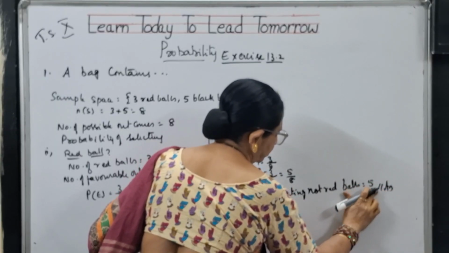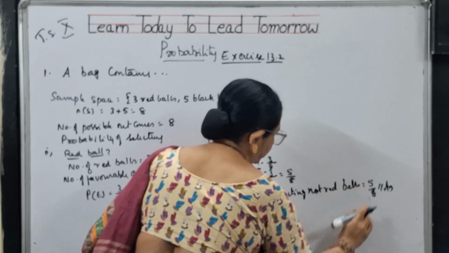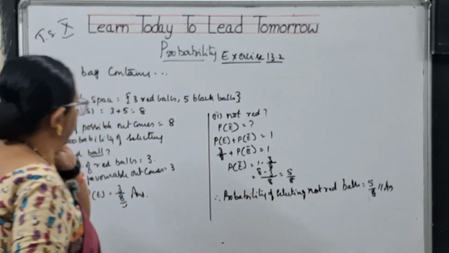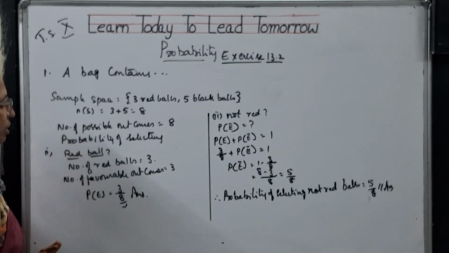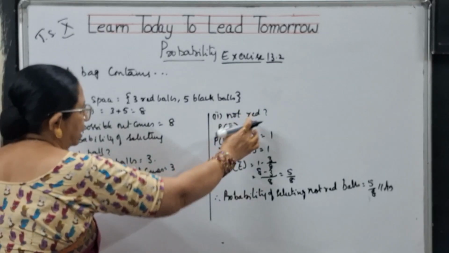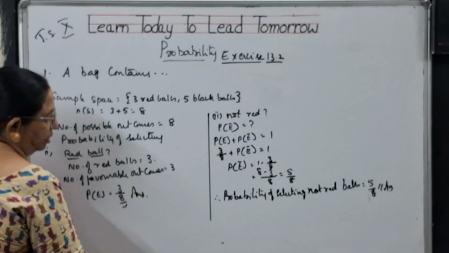This is the answer, children. Actually, if they ask you probability of selecting black, directly we would have done in this way only. But since they have given not red, we have to go for this formula P of E dash.